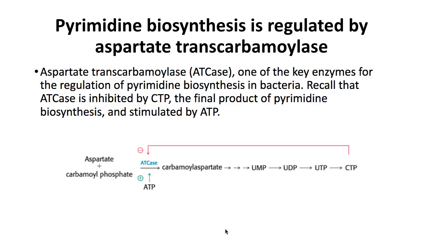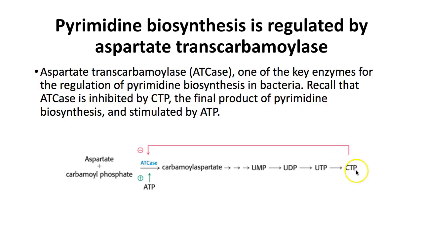And so, as far as the regulation of pyrimidine biosynthesis, what can be regulated is the enzyme aspartate transcarbamylase. And remember that in pyrimidine biosynthesis, you have the aspartate and the carbamoyl phosphate that end up forming the pyrimidine ring structure that ends up being attached to a PRPP, ultimately making UMP, which goes to other steps in the reactions where you end up with your final product of CTP.